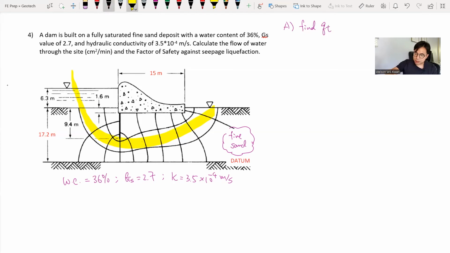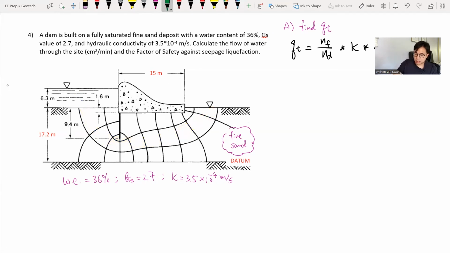And when we are given a flow net and asked for the flow rate, we start from this equation. N sub F there is the number of flow tubes, which is given by the flow net.